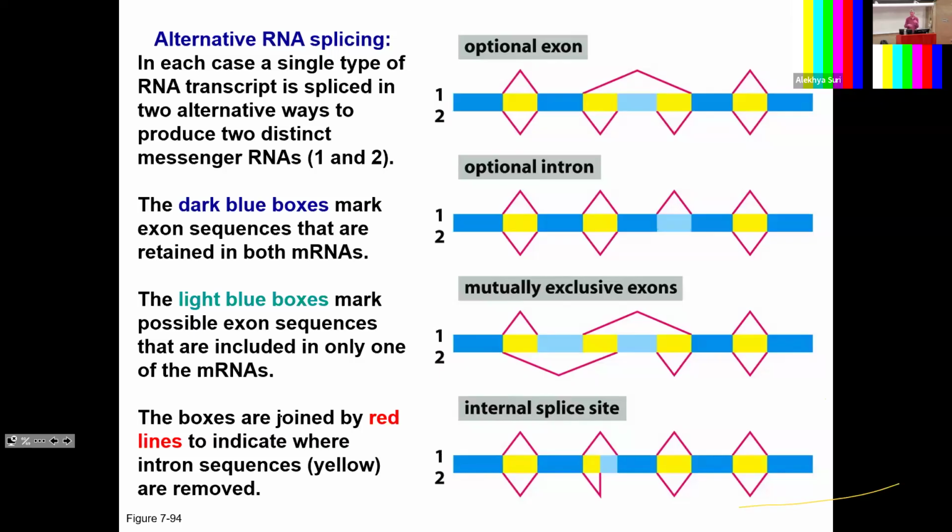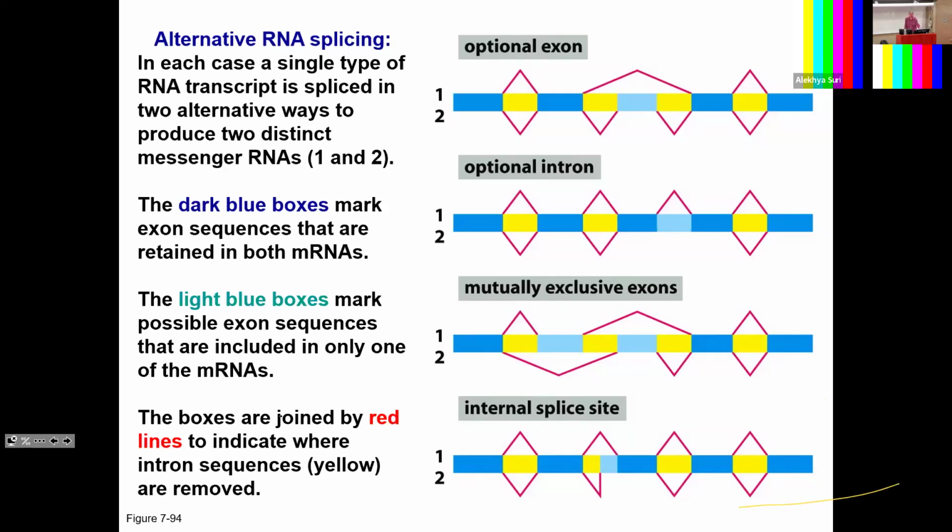These are very precise, organized processes. If they go wrong, you will end up, for example, with a frame shift and proteins that may not function properly.